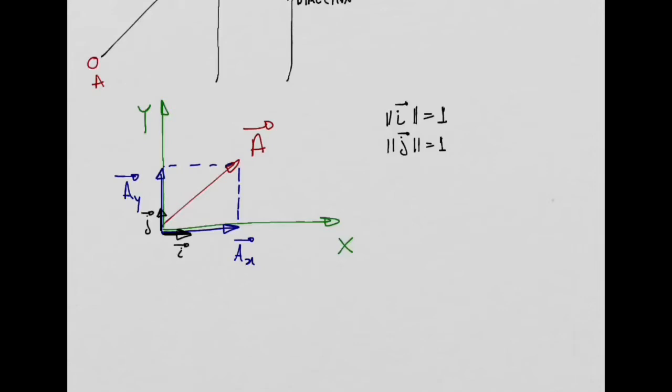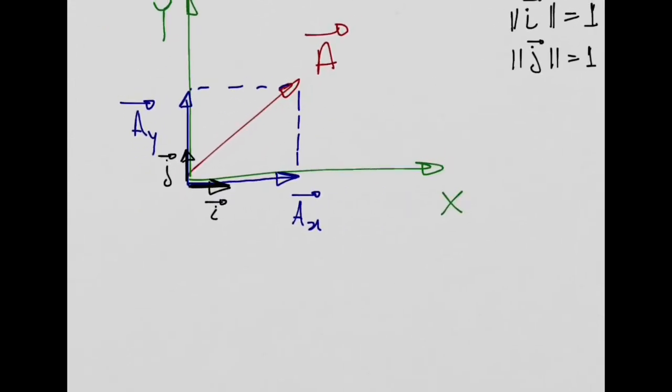And then I can say something like this. I can now say that my vector A will have a component in the x direction, which is going to be ax.